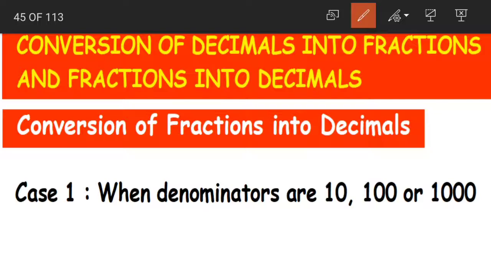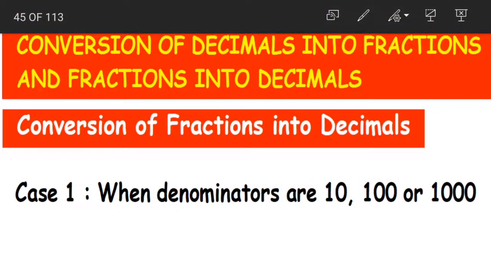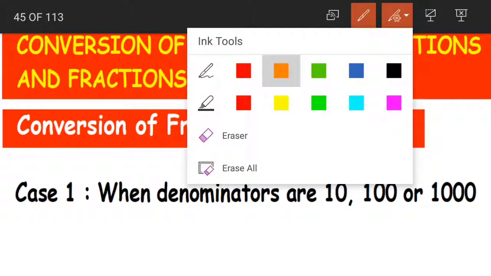Clear children? Coming to the first, that is conversion of fractions into decimal numbers. First we learn how to convert a given fraction into a decimal number. How to write the decimal form of a given fraction. Case 1. When the denominators are 10, 100 or 1000. What did I say about this?